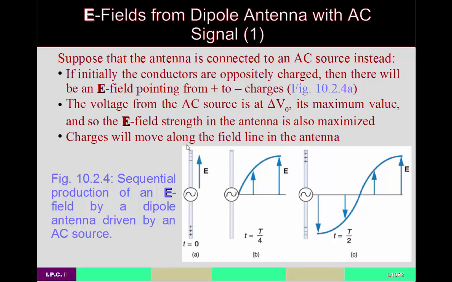Okay, and the charges end up moving basically along this field line in the antenna. So at this point in time you're at a maximum. A little while later the voltage starts dropping, and that means some of these charges start moving. And so you lose some holes here, you lose some electrons here.